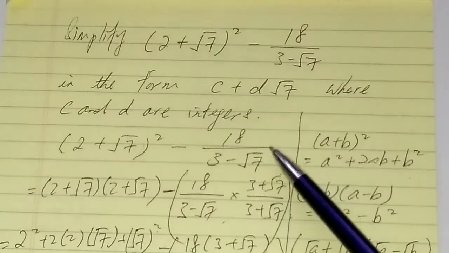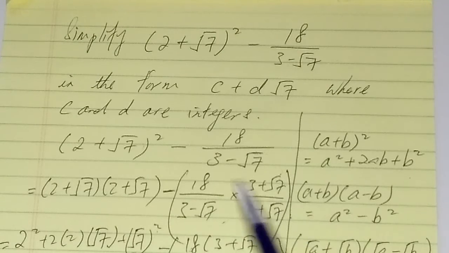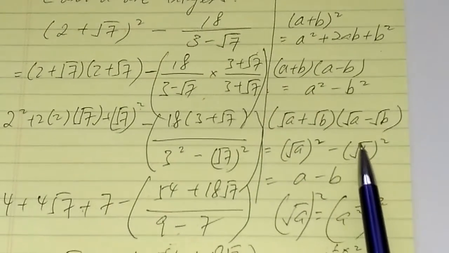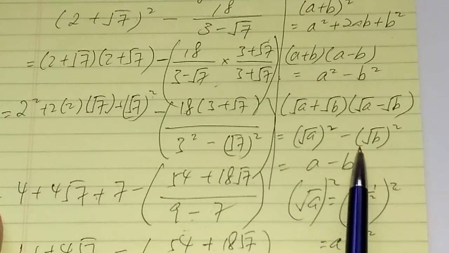Then for this one, multiply top and bottom by 3 + √7. Why 3 + √7? Because if this is minus, then we use plus, applying this formula, and then we'll be able to get rid of the square root.